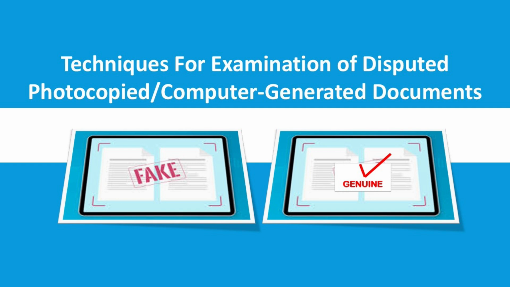So last week we treated how to determine the origin of a disputed photocopy or computer-generated document. We talked about what you can do so that you can link a disputed photocopy or computer-generated document to a particular photocopier.